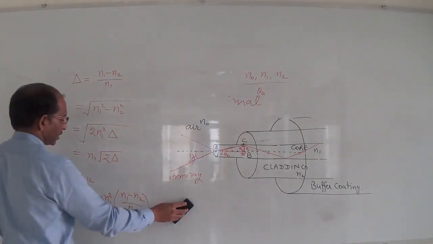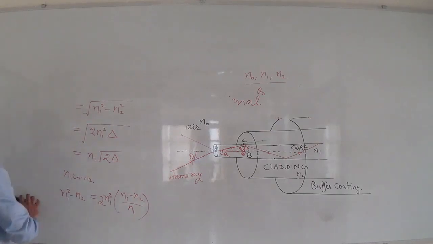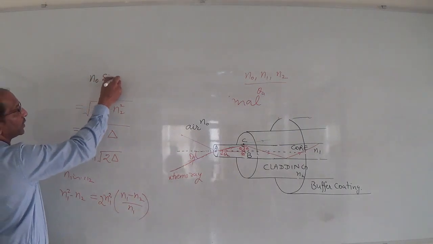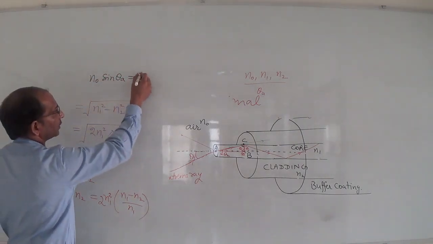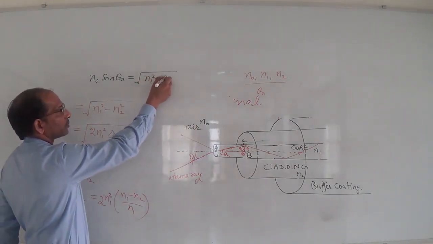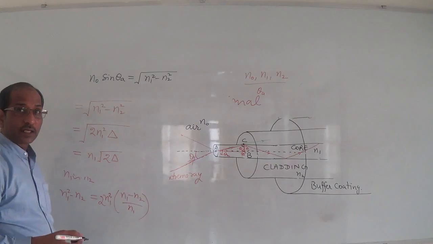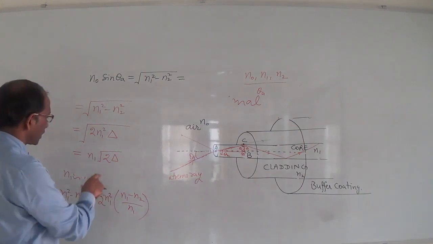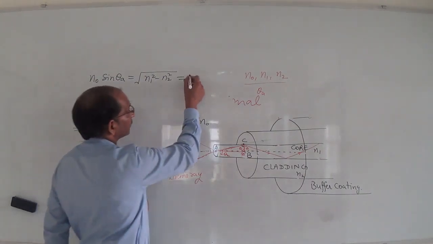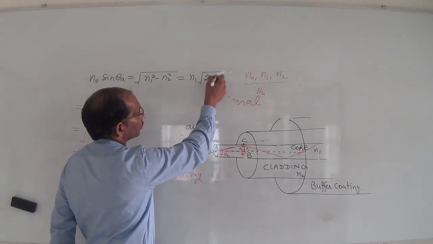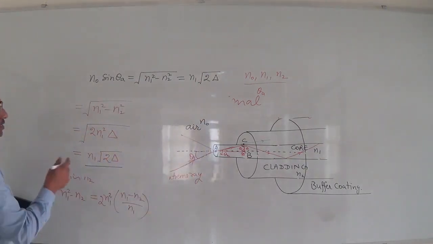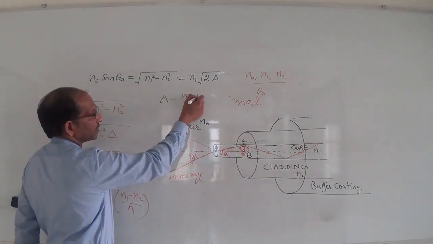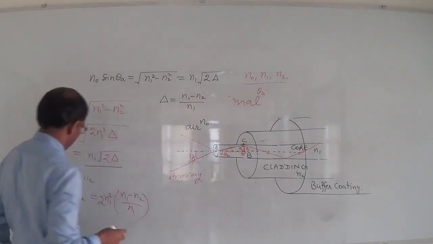So now we have three relations in this particular topic. Number one is n naught sin theta A, that is equal to the square root of n1 square minus n2 square, and this is again equal to the latest result which we have found right now, n1 square root 2 delta, where delta is defined in terms of the ratio n1 minus n2 upon n1.